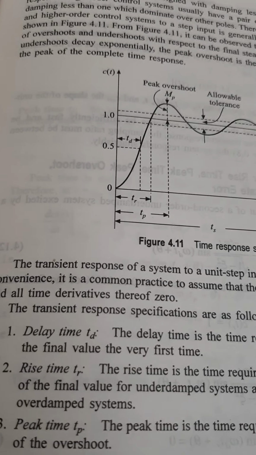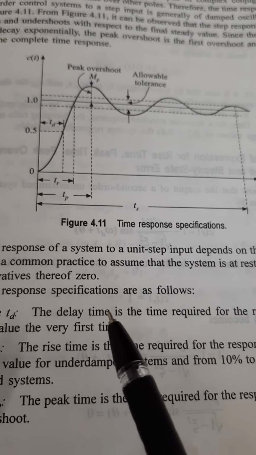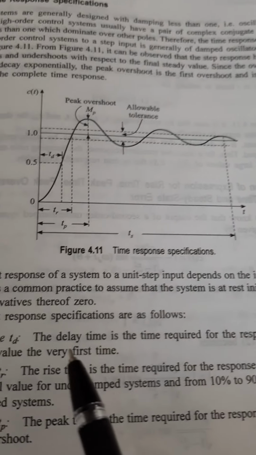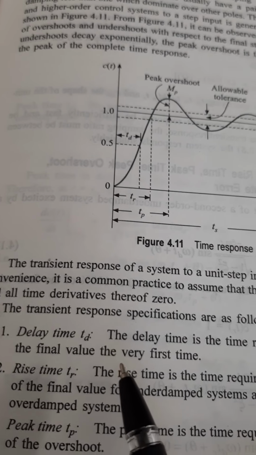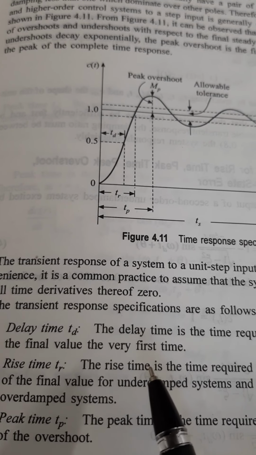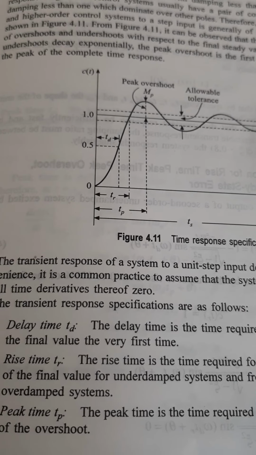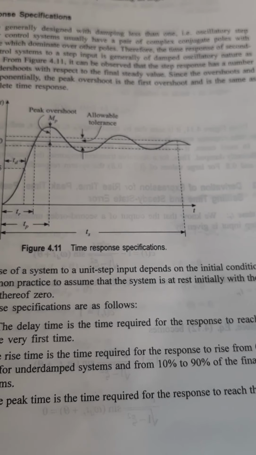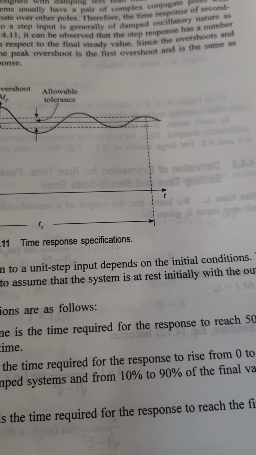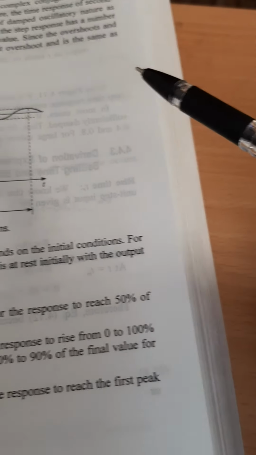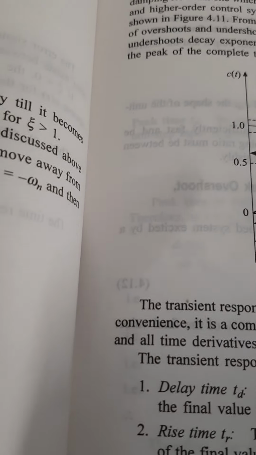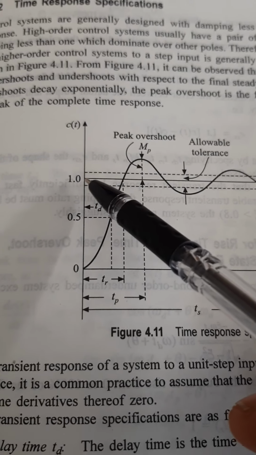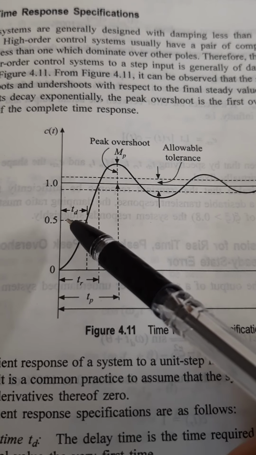Delay time, TD. The delay time is the time required for the response to reach 50% of the final value the very first time. Here, when you observe this, this is the final value and this is the 50%.